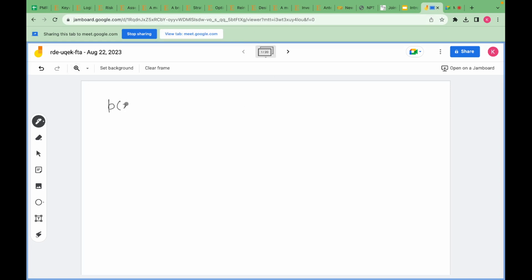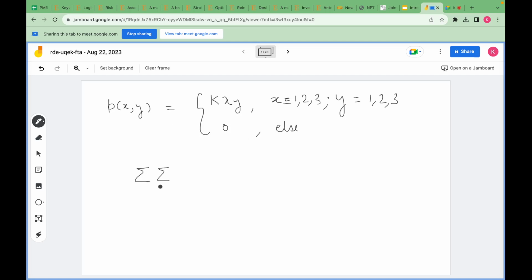The joint probability mass function is given as kxy, where x is equal to 1, 2, 3 and y is equal to 1, 2, 3, and it is 0 otherwise. Now we know that the summation over x_i and over y_j of p(x_i, y_j) is equal to 1.